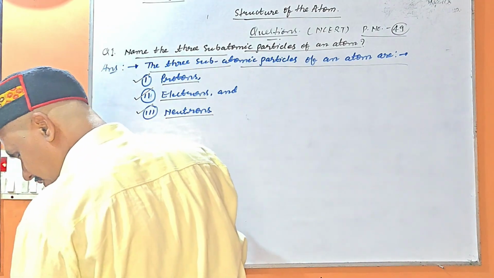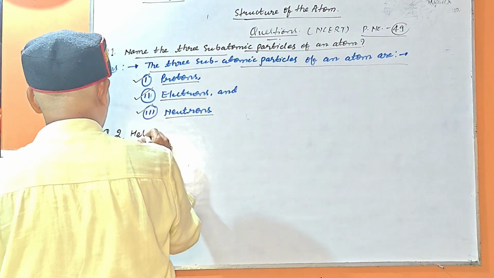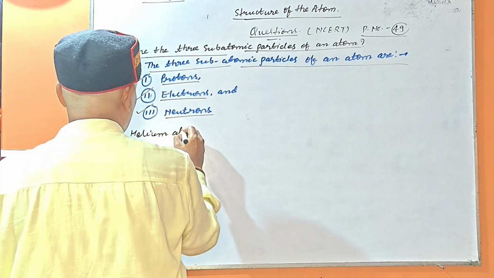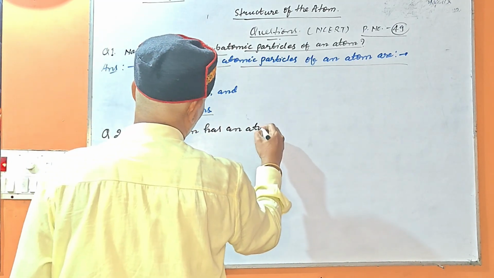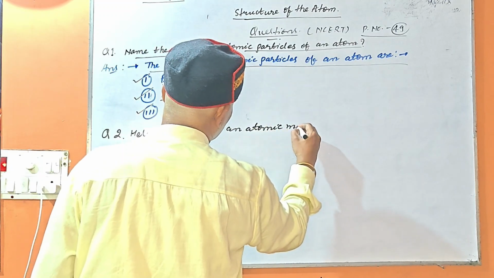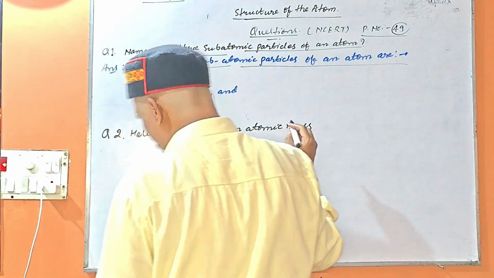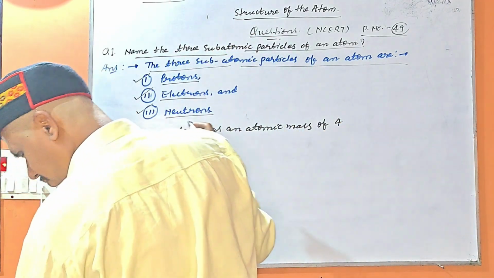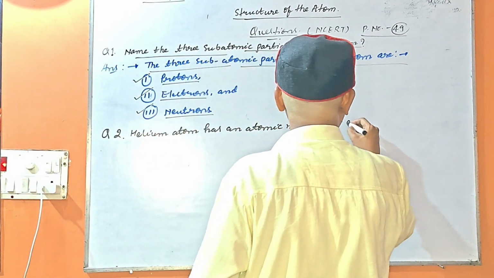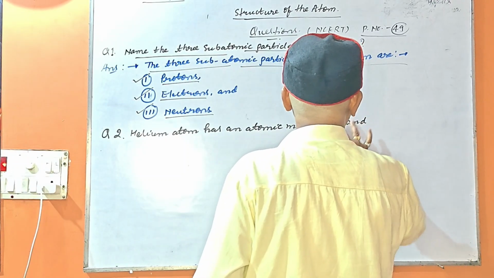What about question number 2? Helium atom has an atomic mass of 4u and 2 protons in its nucleus.